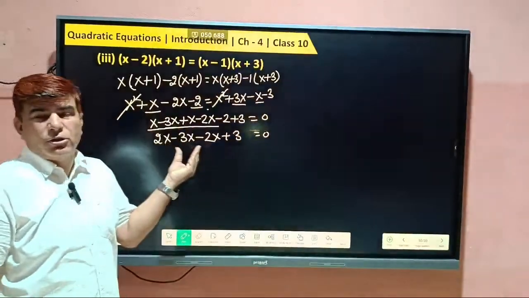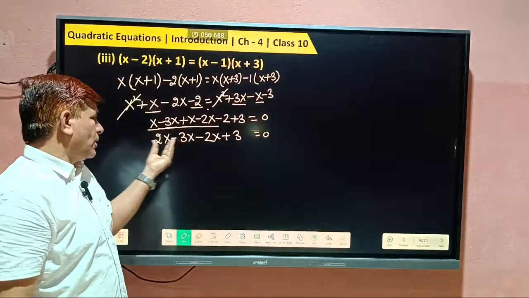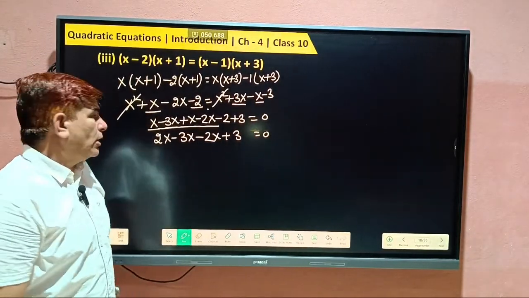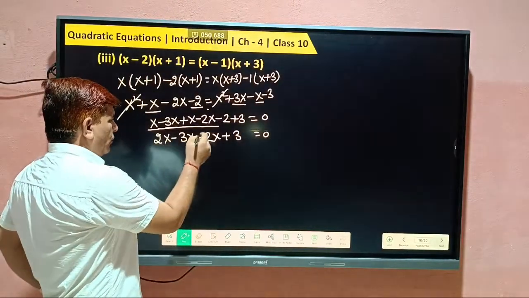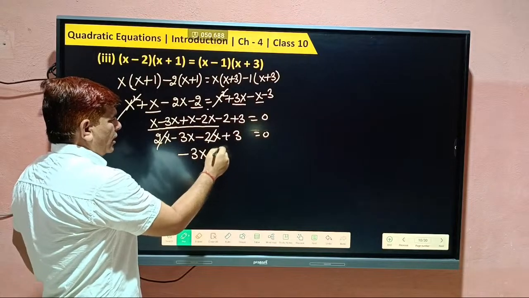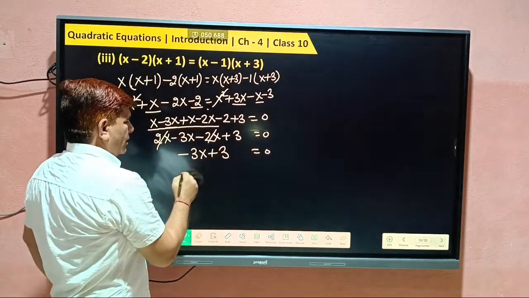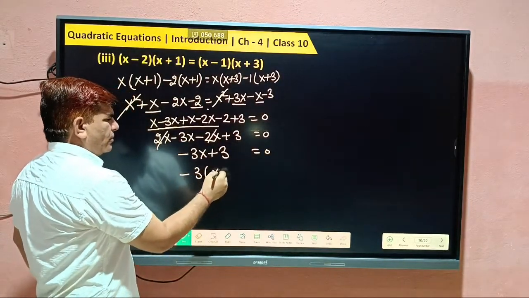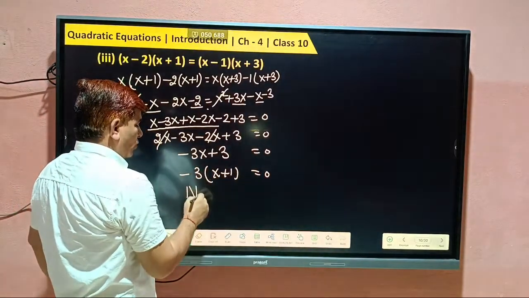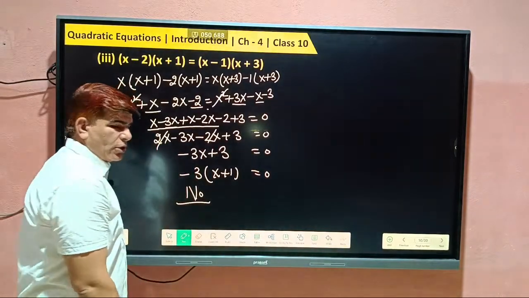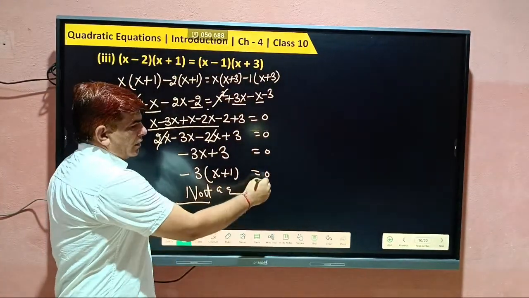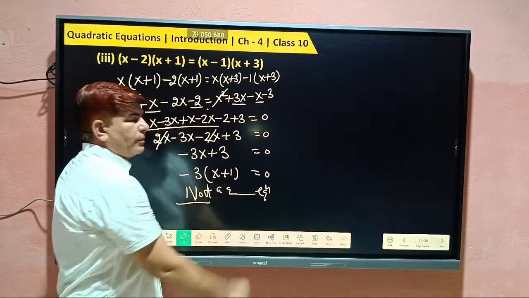Directly from here you can tell the highest power of the variable is 1, so it's not a quadratic equation. If you want to solve it further, −3x + 3 = 0, taking −3 common, x + 1 = 0. Is it a quadratic equation? No. The given equation is not a quadratic equation.